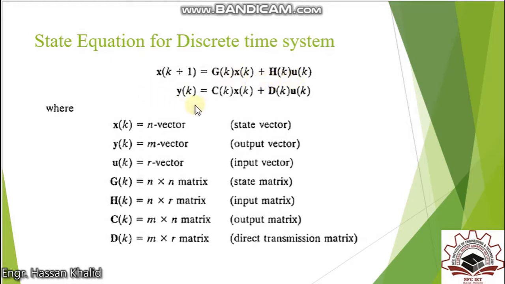Similarly, the output of the system is written as y of k equal to C of k x of k plus D of k u of k.